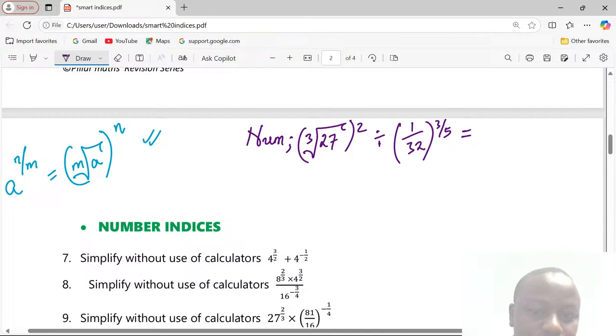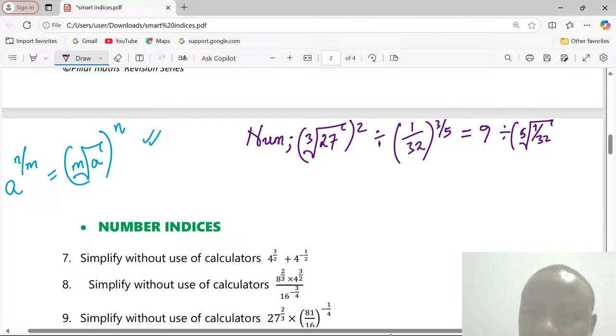The third root of 27 is 3. And when you square, you get 9. Divided by. Now we apply again the fractional law, whereby we need the fifth root of 1/32. This one should now be cubed.